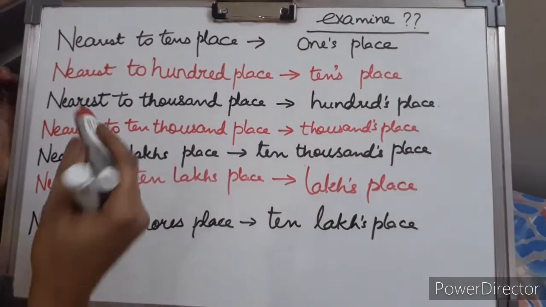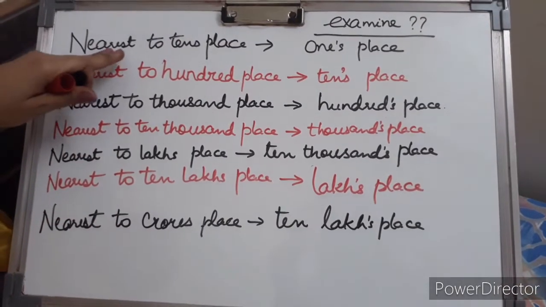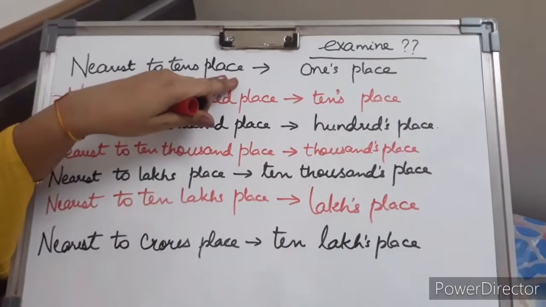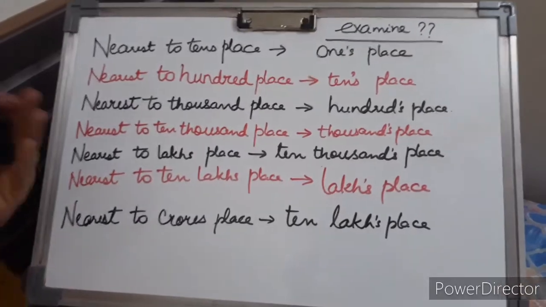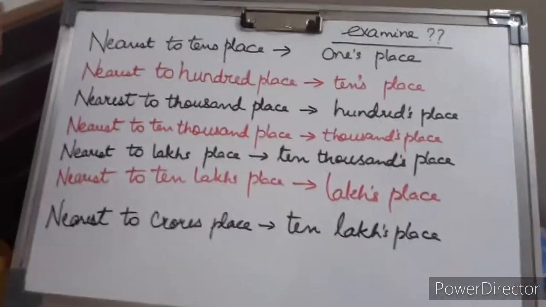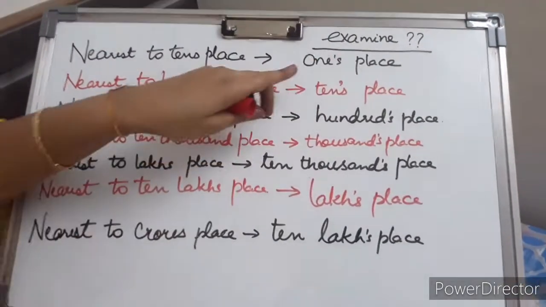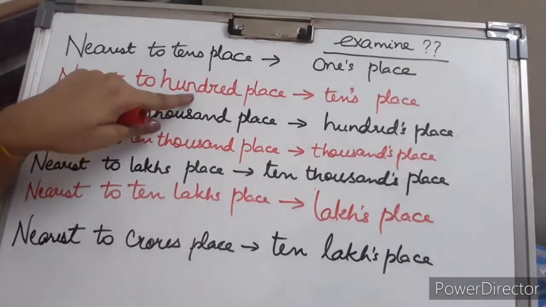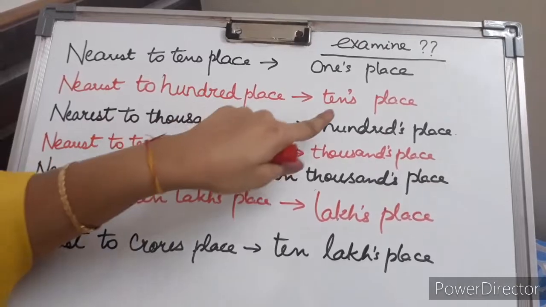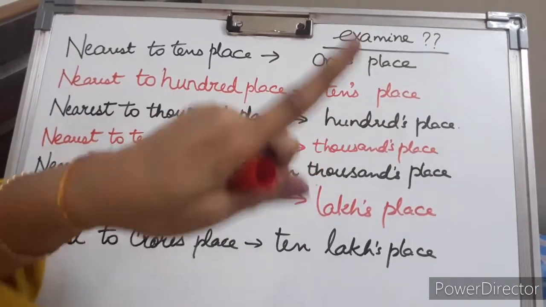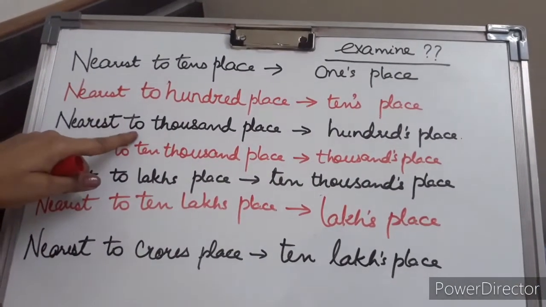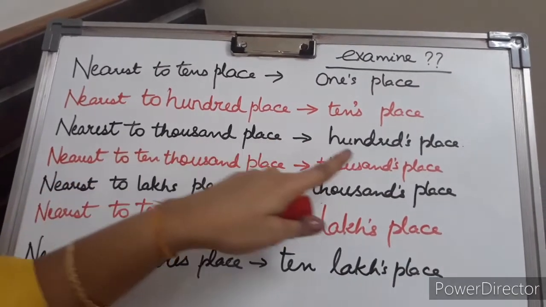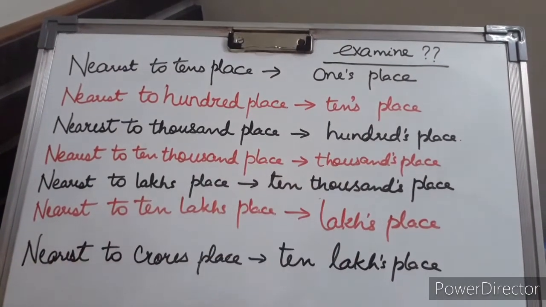Yeah, so next, which digit should we examine to round our answer? Nearest to tens place, we have to examine the ones place digit. Nearest to 100 place, we examine the tens place digit. Nearest to 1000 place, the hundreds place digit.